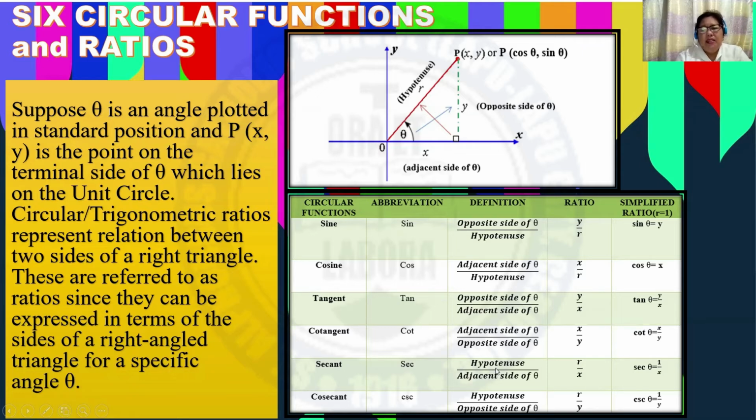Secant is the hypotenuse over adjacent side of theta. And this secant is the reciprocal of cosine. And lastly, we have cosecant. It's the ratio of the hypotenuse over the opposite side of the angle.